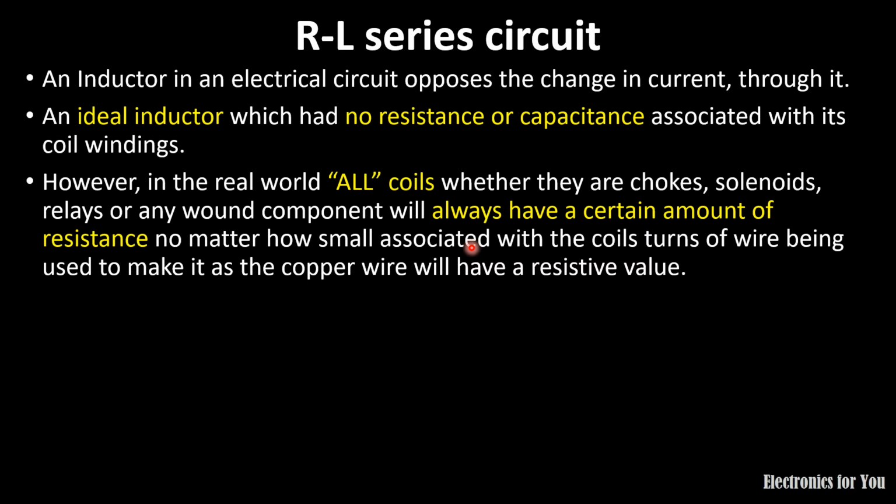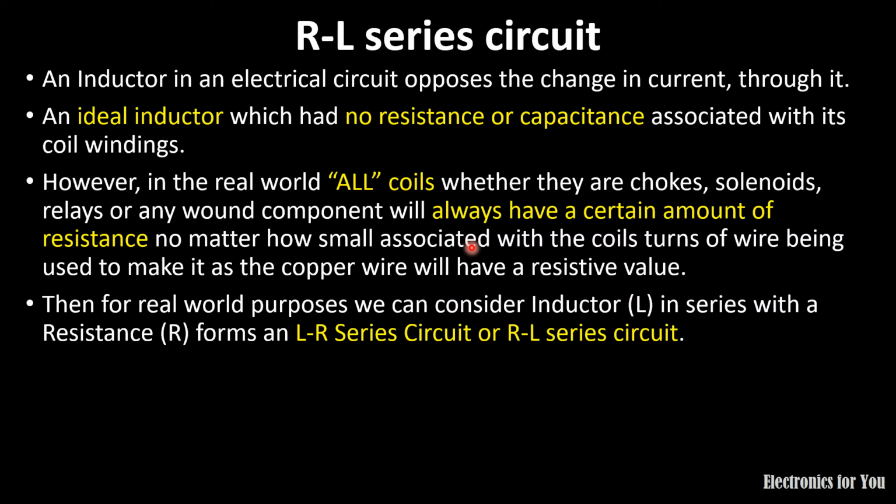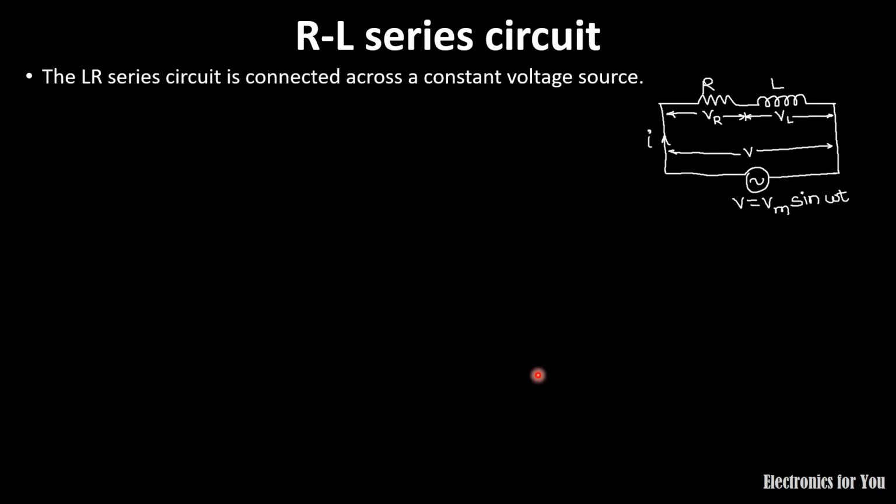Therefore a pure inductor circuit is not possible, and in the real world, even if we connect a coil to the circuit, it is simply an LR circuit or RL series circuit, which will look like this. A resistance is in series with the inductor.